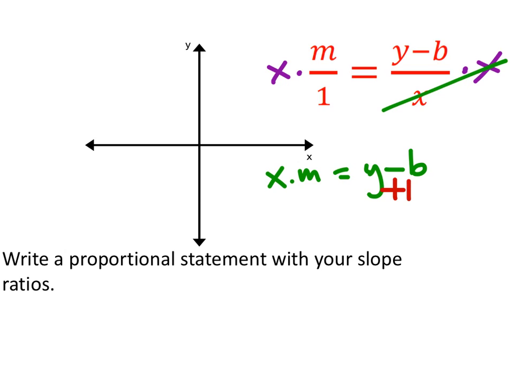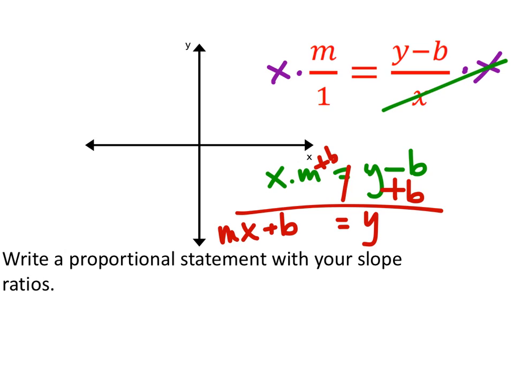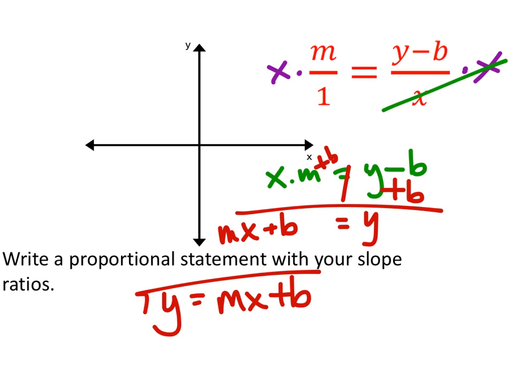So to solve this now we would add b to both sides, like this. And now we've got y equals, well, we could make that mx plus b. Well, that's exactly what we were looking for, it just looks a little bit different. It doesn't matter if we make that y equals mx plus b like this, and that is the equation.